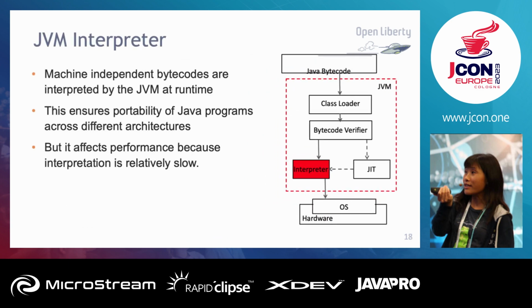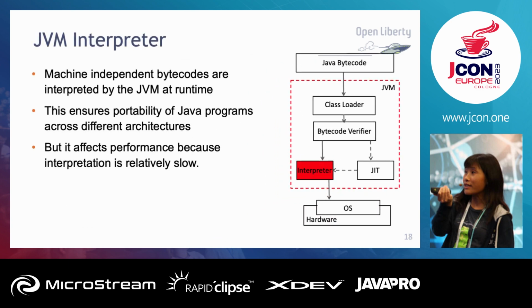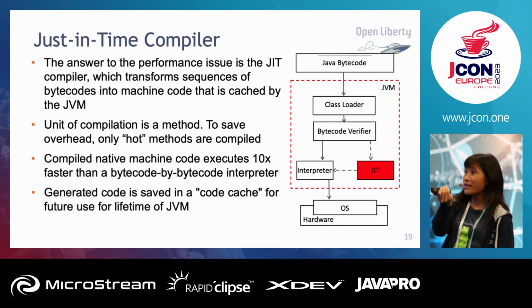So basically there's a problem. It also uses your time and memory. In order to improve it, you have a JIT, a just-in-time compiler. This JIT is just a sidekick, trying to help along.